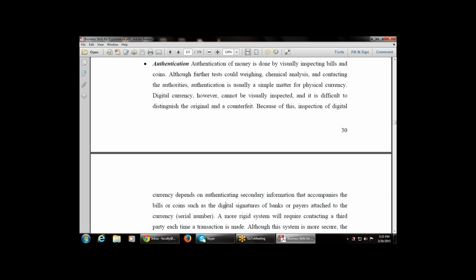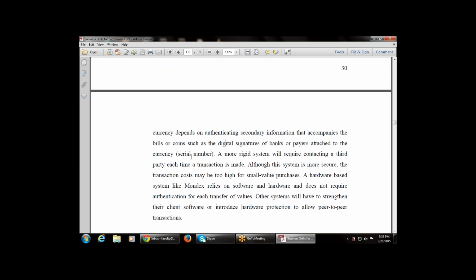A more rigid system will require contacting a third party each time a transaction is made.